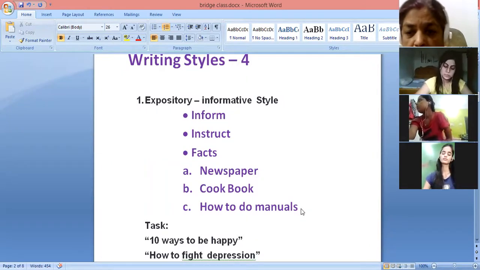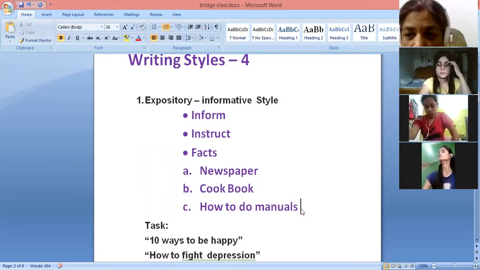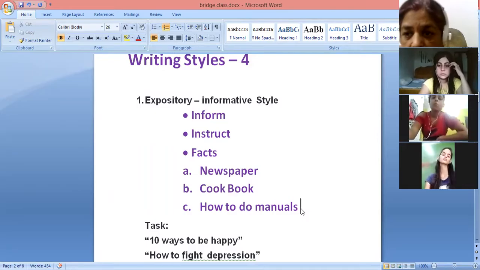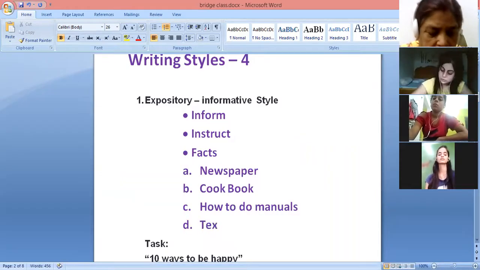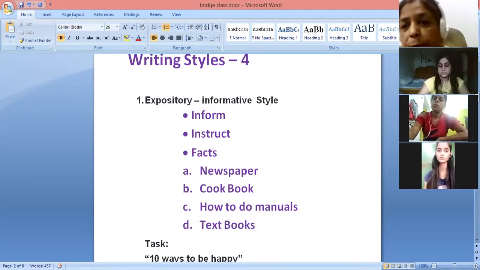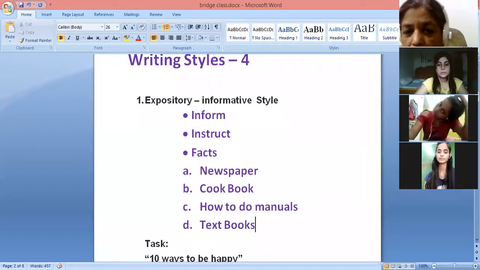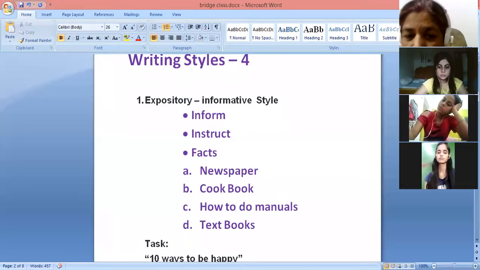Every product comes now with a manual, and these manuals instruct you how to use them. Then textbooks. Textbooks give you a layout of any subject, be it English, grammar, maths. So these books will inform you, instruct you based on some facts.